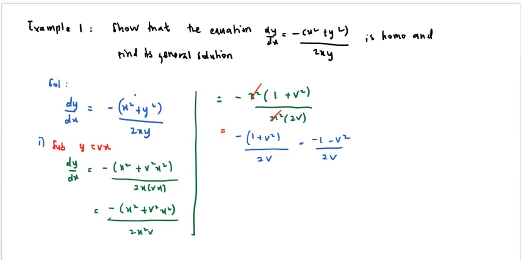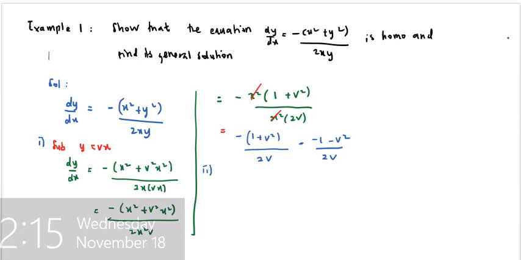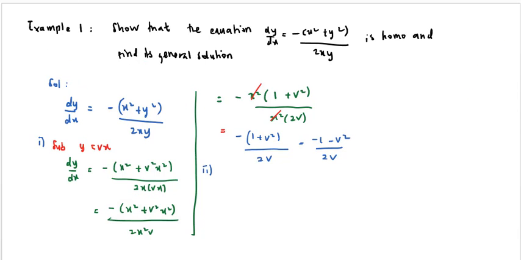Alright, so step yang kedua, kita kena gantikan dy over dx ni dengan yang kedua: replace dy over dx with v plus x dv over dx, supaya kita boleh dapat separable equation.